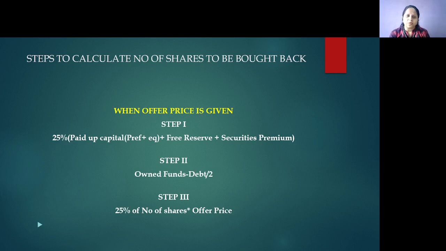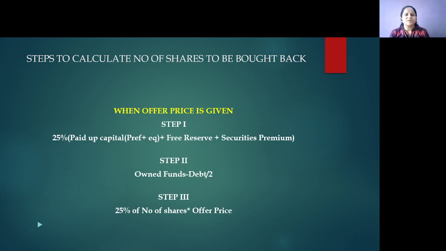Typically in the question, they will ask you to calculate how many shares you want to buy back, at 40 rupees, for example. So they will give you the offer price. And the third level is where they will not give you the offer price and they will not give you the number of shares to be bought back. So we have to calculate both things in level 3.